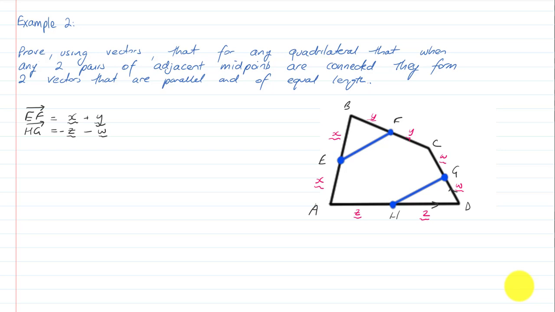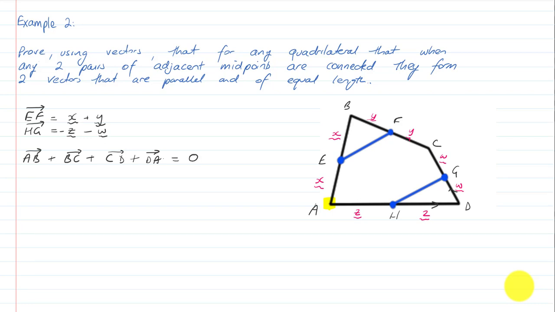The other relationship I've got, which might not be as obvious, and this is where it becomes interesting, is if I start at A and I work my way around, AB plus BC plus CD plus DA. Now remember this is kind of like a displacement situation. That's equal to 0.